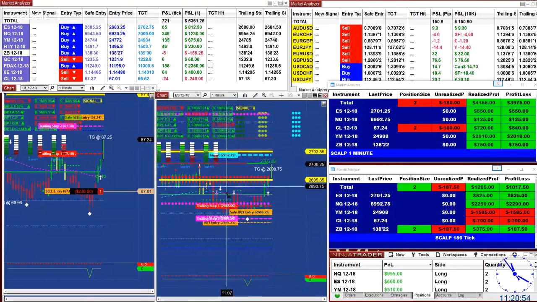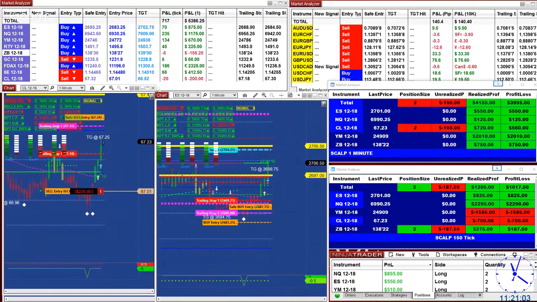Well, my ES closed, the ATM closed, and they all closed. There is nothing anymore.